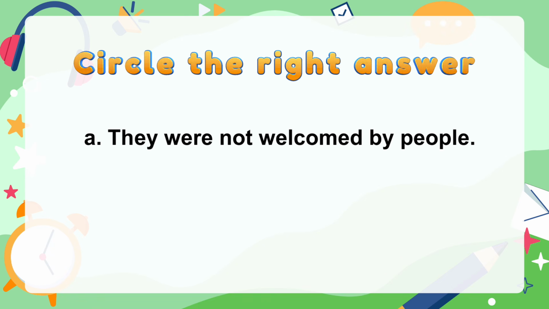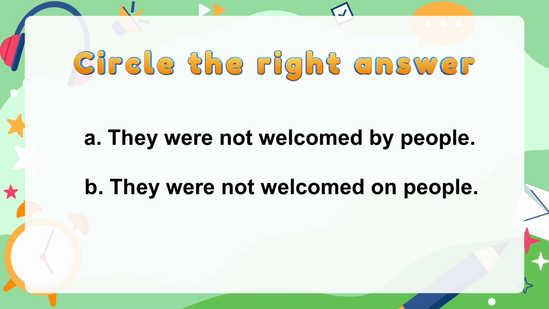A. They were not welcomed by people. B. They were not welcomed on people. Here we have passive voice. We use by before the new object. The correct sentence is A. They were not welcomed by people.